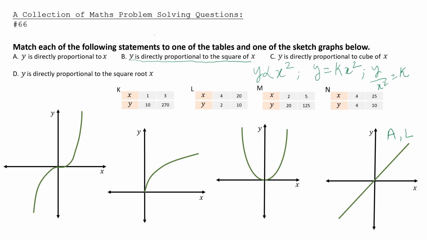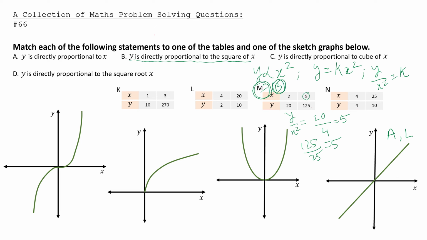Let me pick M. So y out of x squared will give 20 out of 2 squared, that is 4, that would equal 5. And if I do 125 out of 5 squared, so this will be 25, I also get 5. So this is matching M. So B and M go together.